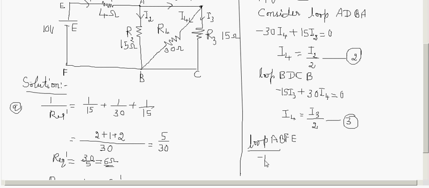Minus 4 I1 minus 15 I2 plus 10 because E is 10 equal to 0, or this can be simplified as 4 I1 plus 15 I2 equal to 10.